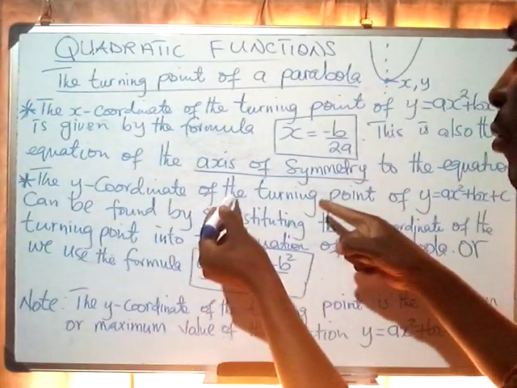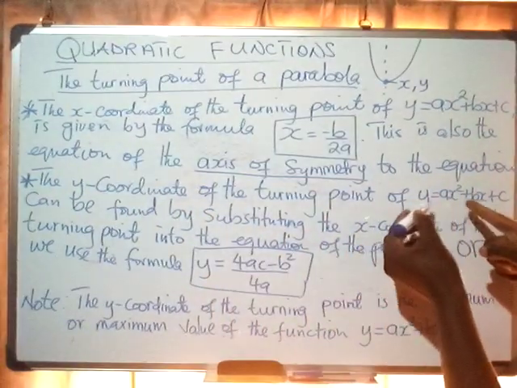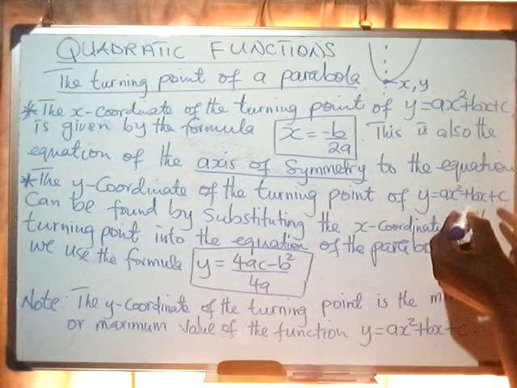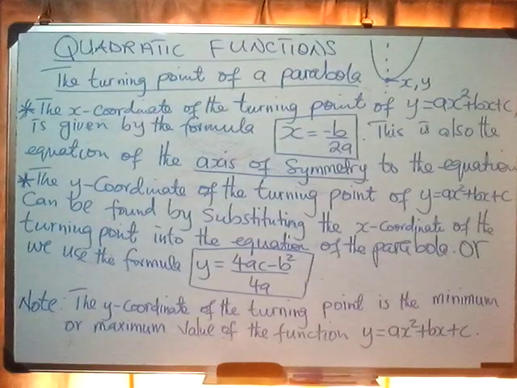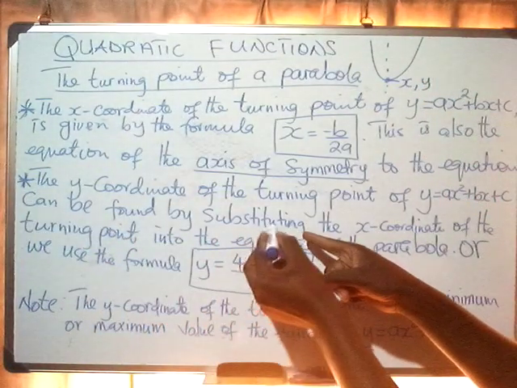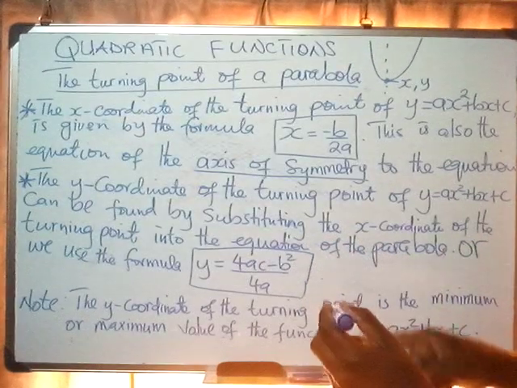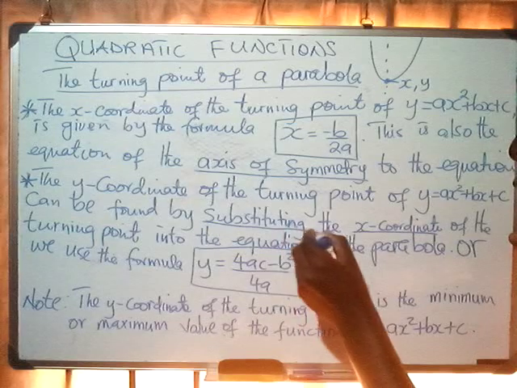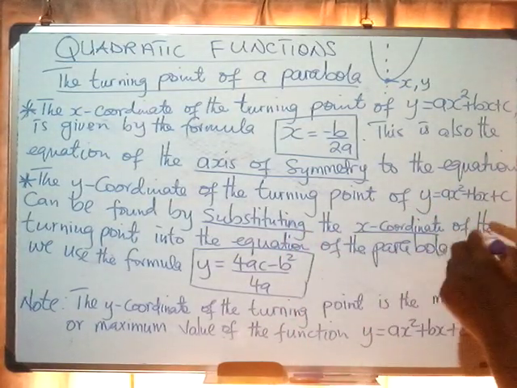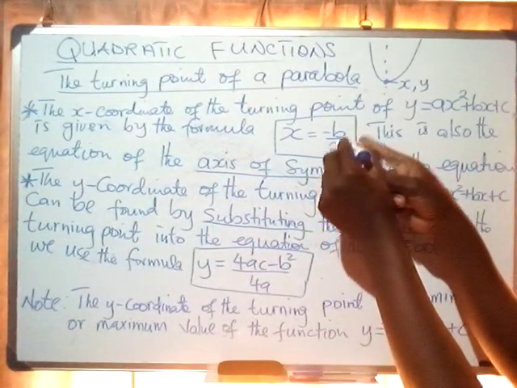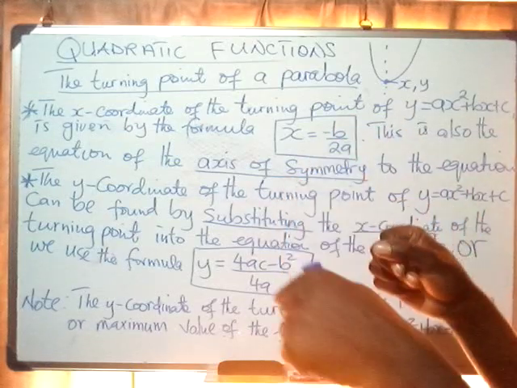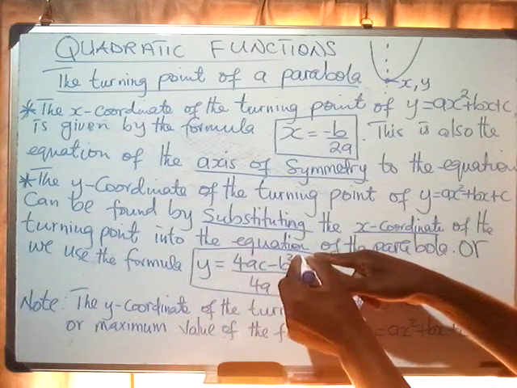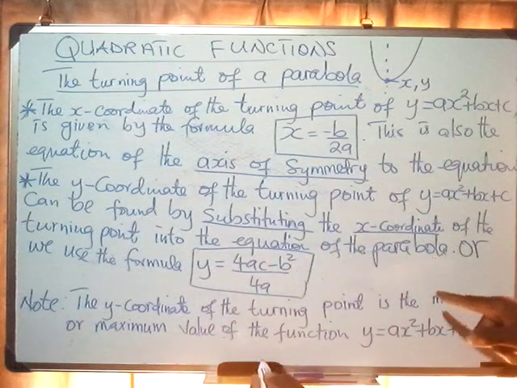The y coordinate of the turning point of y = ax² + bx + c can be found by substituting the x coordinate you have found into the equation of the parabola.